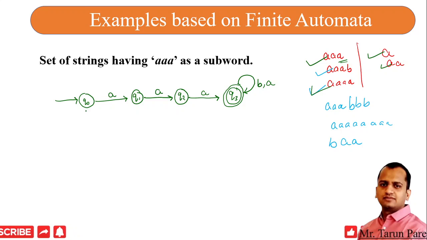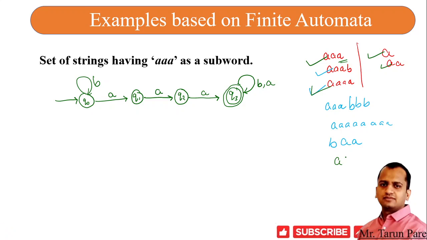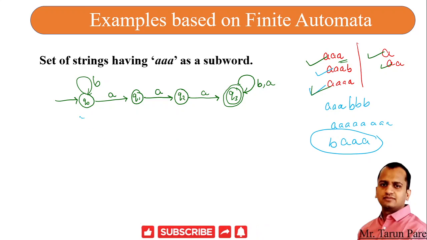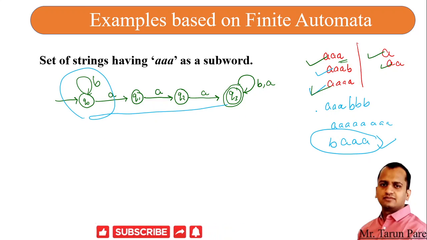Whenever we get a B in the beginning, we make a loop here so that any number of B's will be handled there. Okay, let's see if this string is accepted by the automata. B, A, yes, this is accepted.